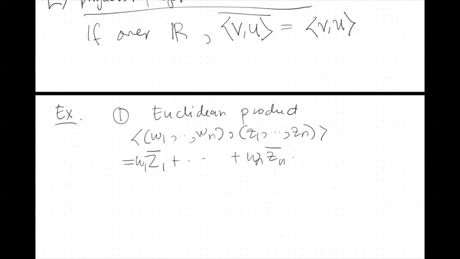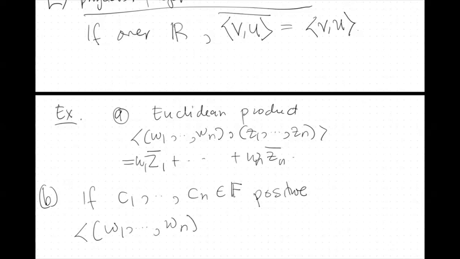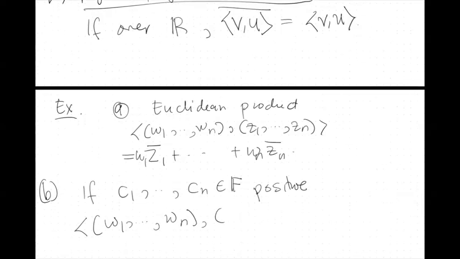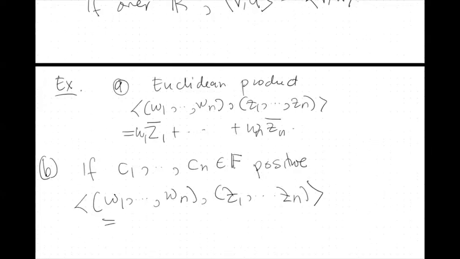And then let us call this A, this is our B. We can also define, if we get C1 to Cn positive scalars, the inner product of W1 to Wn with Z1 to Zn as C1 W1 Z1 bar, and then up to Cn Wn Zn bar.